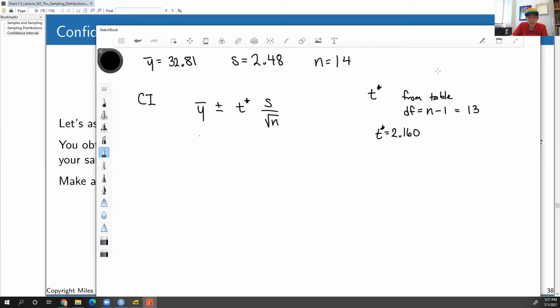Now it's just a matter of plugging in numbers. 32.81 plus or minus 2.160 times s, 2.48, divided by the square root of 14. Let's pull up my calculator.